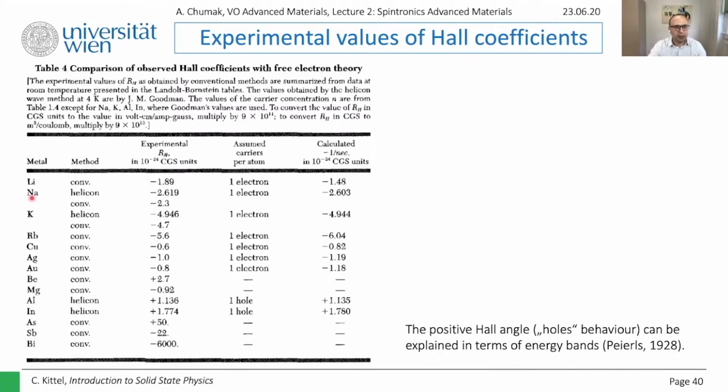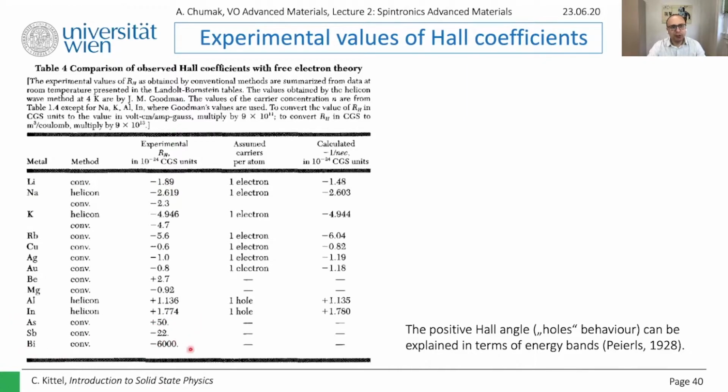So here you see the alkali metals, and the Hall coefficient is -2, -2.6. Then if we go on, for calcium it's a bit more. For barium, even more. And then arsenic is huge.